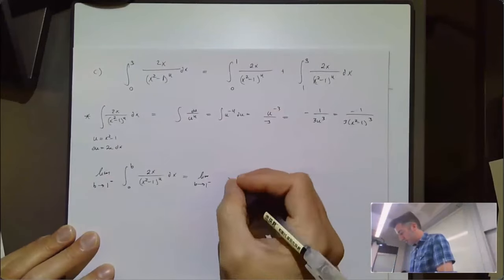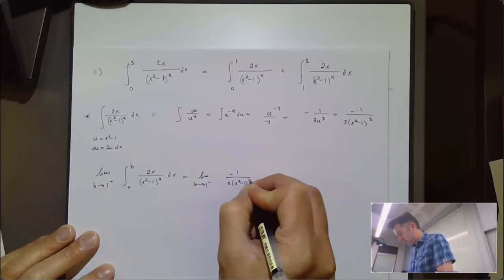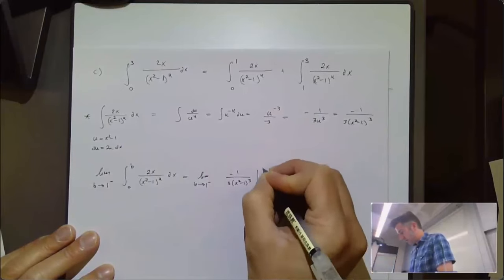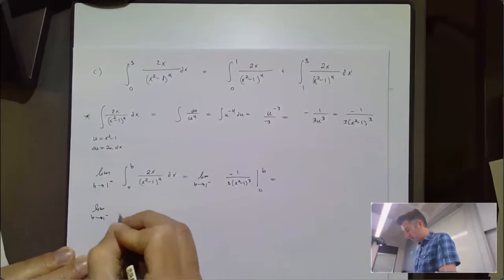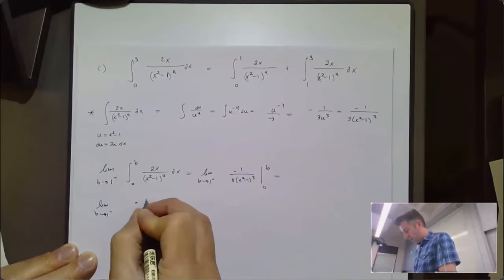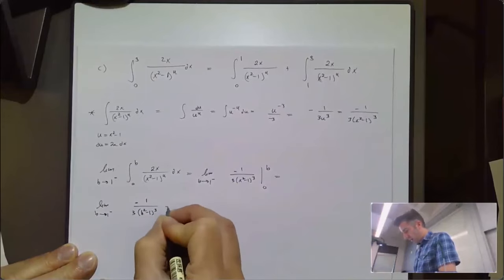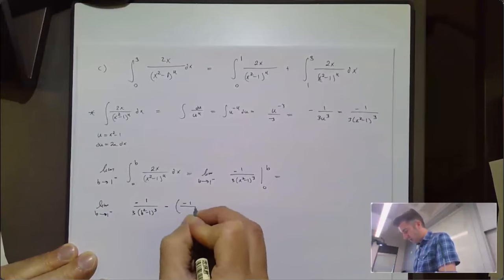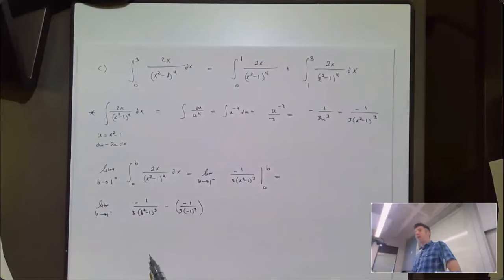It's just negative 1 over 3 times (x squared minus 1) cubed from 0 to b. And then that's going to be the limit as b approaches 1 from the left of negative 1 over 3 times (b squared minus 1) cubed, minus negative 1 over 3 times (negative 1) cubed. Okay, so when we plug in 1, we're going to get 0 in the denominator. So we're going to get some sort of infinity.